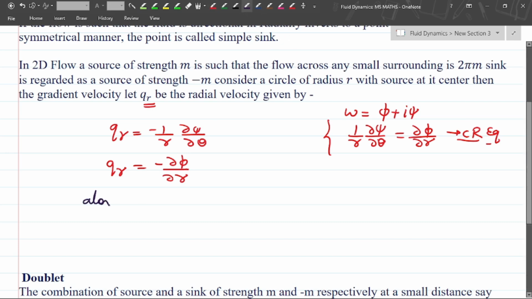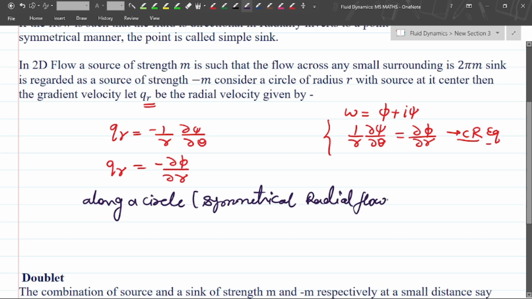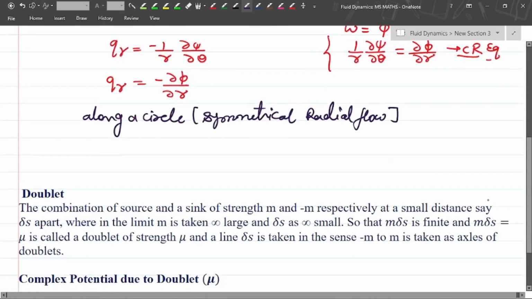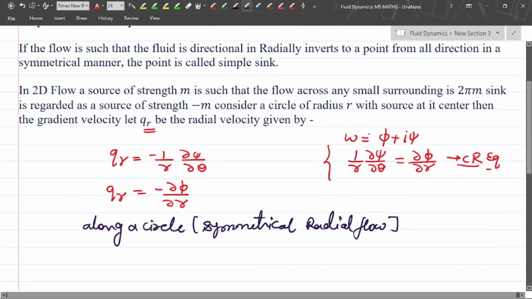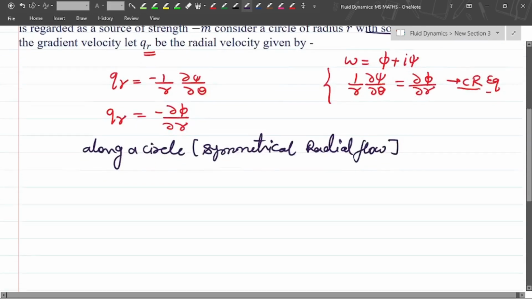Along a circle, because it is a symmetrical radial flow, there will be a circle of radius r, and we have the source at the center of the circle.